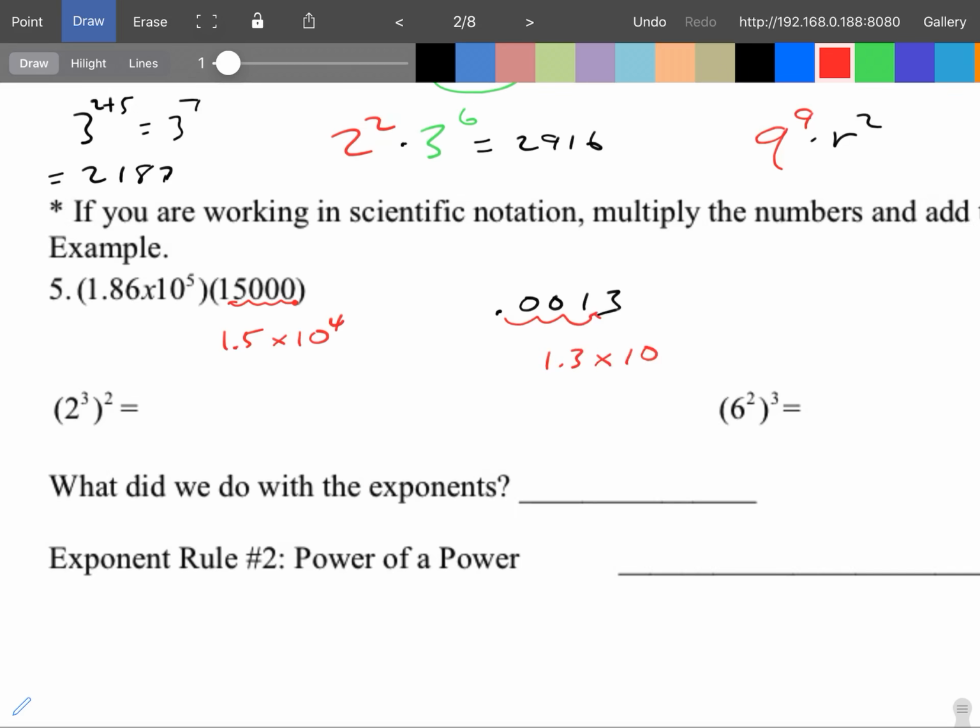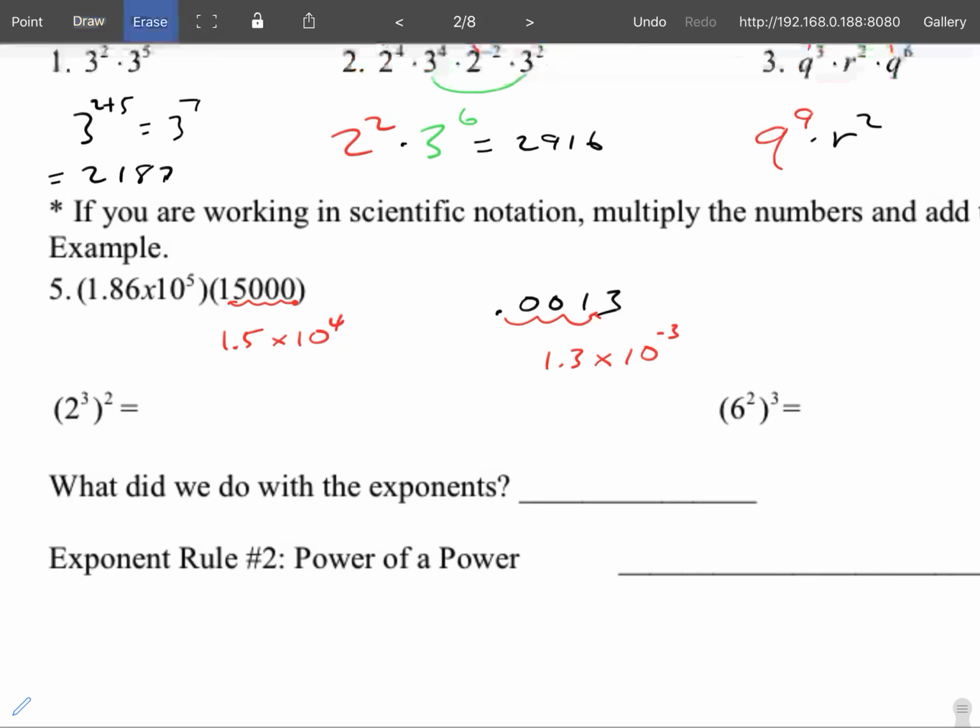So that one would become 1.3 times 10. Well, this time we moved the decimal to the right 3 places, so the power would actually be a -3. But if we hit some more of those later on, we'll talk about them as we go. But let's complete this number 5.